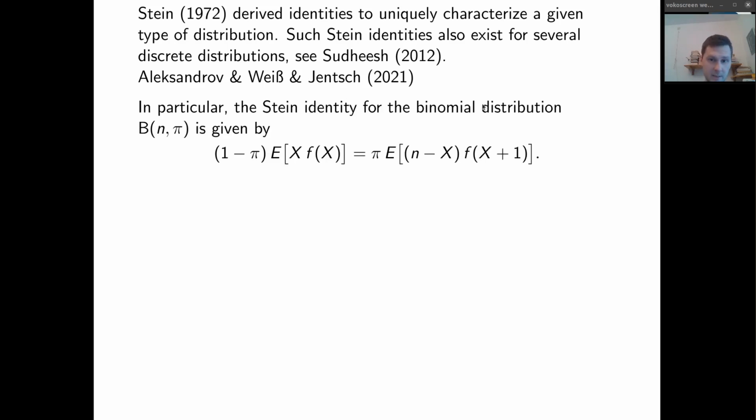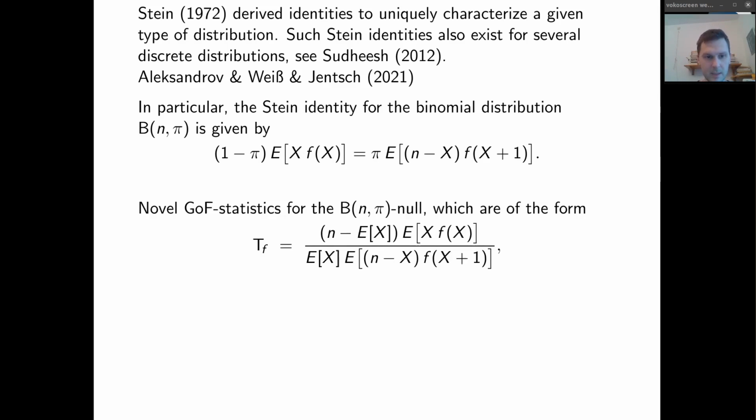In particular, for the binomial distribution, if X is binomial, then this identity holds, so long as both expected values exist.